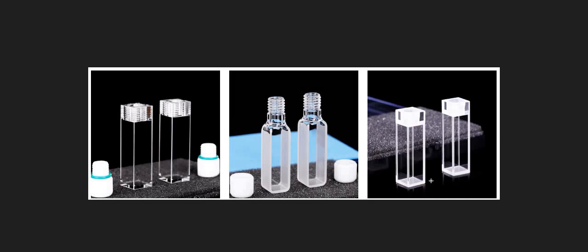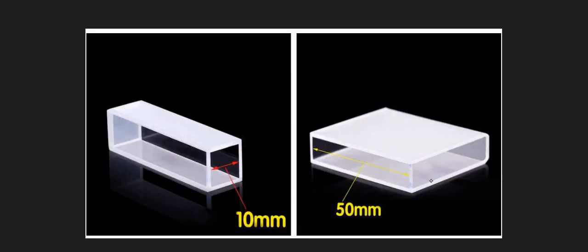Again, we have these cells which have variable transparent sides with caps available, and this is how the path length can be seen or measured. This is the area where the light will interact, and in this very cell the path length is 50 millimeters.